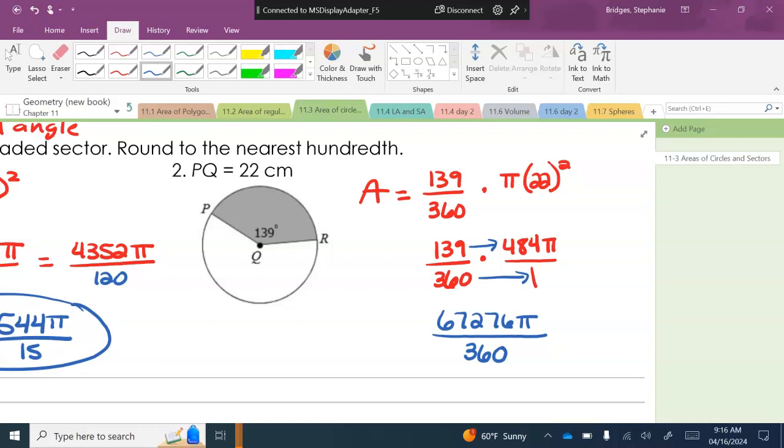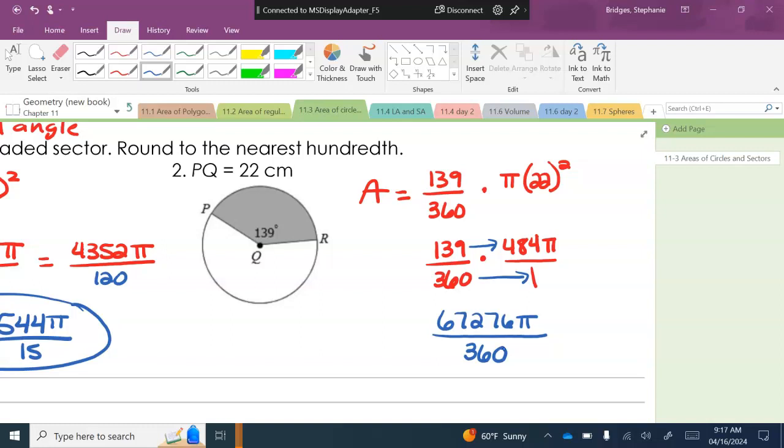All right, 67276, fraction bar, 360 and equals. Is that what you got in the calculator? Yep, and then we're going to change it again. So we go second, fraction key, and equals, and that will change us to a better fraction.